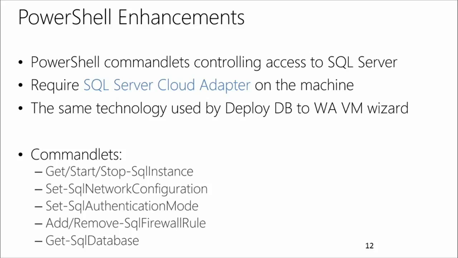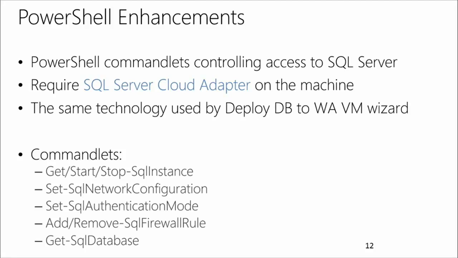One thing to mention about all those commandlets, except one, is that most of them require the SQL Server Cloud Adapter to be running on the same machine where the instance is located. And it should be accessible for sure, so its port should be available. That's basically the same technology that we utilize for the wizard I was talking about previously. And this is an important thing, that this technology is shared, because you could expect the same behavior.